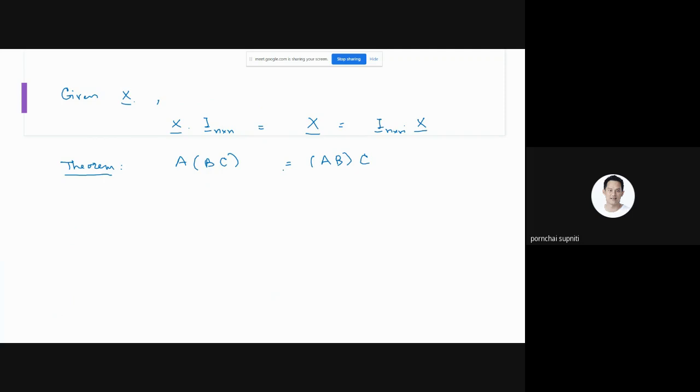Related to the multiplication, another thing is that multiplication is not commutative, meaning that, unlike A plus B, A multiply B is not equal to B multiply A. We call it non-commutative.